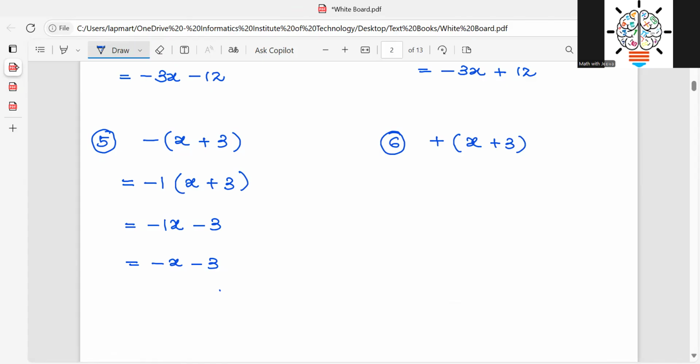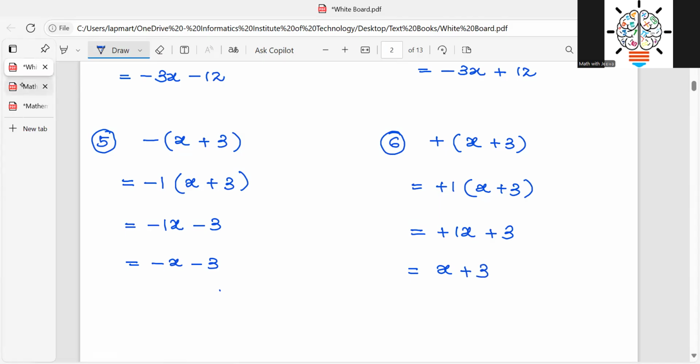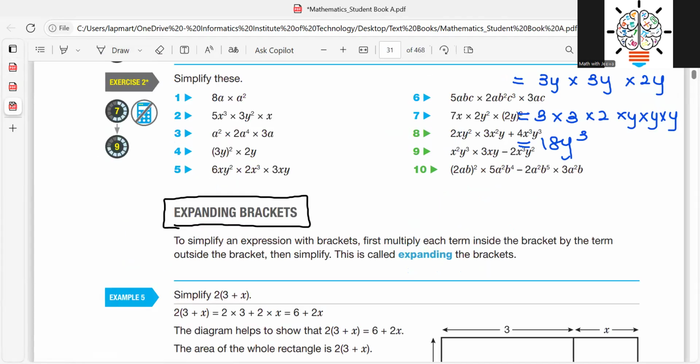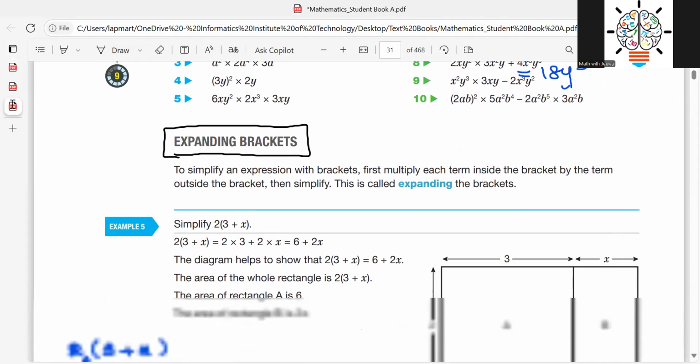So what does this mean? This means a positive 1, x plus 3. So you get the answer positive 1x and positive 3, but we don't show it like this. You can just write x plus 3, right? So that is how you solve or expand the bracket.